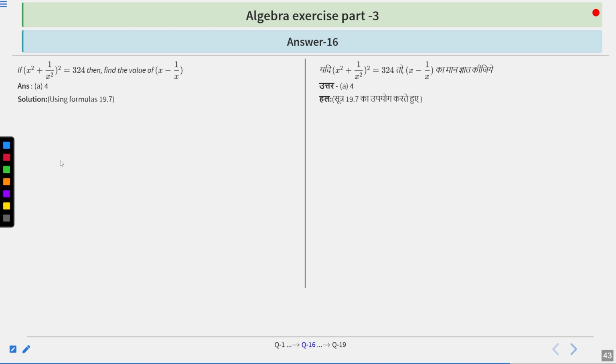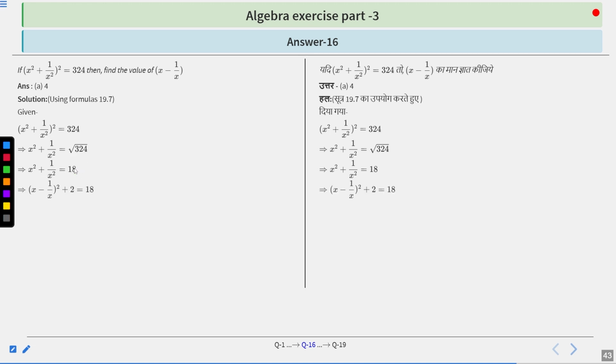Now, using formula 19.7, we were given (x square plus 1 upon x square) whole square is equal to 324. So, x square plus 1 upon x square becomes equal to root 324, because when this square goes to the right hand side, it becomes under root. Therefore, x square plus 1 upon x square is under root 324, which is 18.